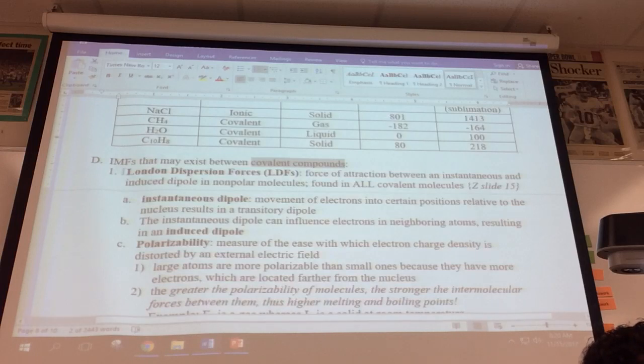The first type of intermolecular force is known as a London dispersion force, named for Fritz London. This is the weakest of the intermolecular forces. All covalent compounds, nonpolar and polar, have London dispersion forces, abbreviated LDFs. Nonpolar covalent compounds only have LDFs, and we'll illustrate that.